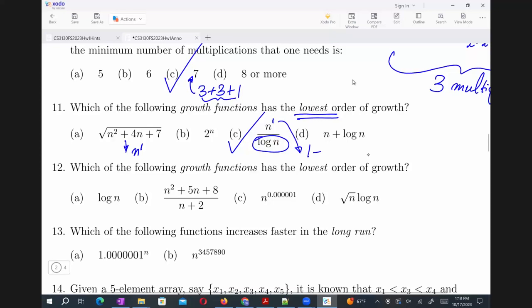So 1 here, but this one is 1 minus, definitely less than 1. If you do the comparison, you compare it this way. That's 1 minus something, minus a small number. You do not need to know how much that small number is. Just small, non-zero. It must be non-zero. 1 minus a non-zero positive number.